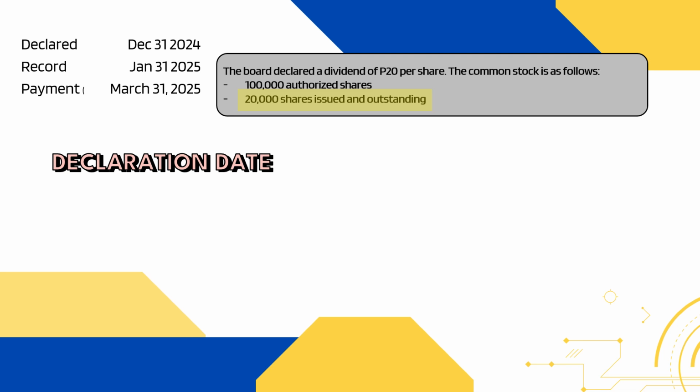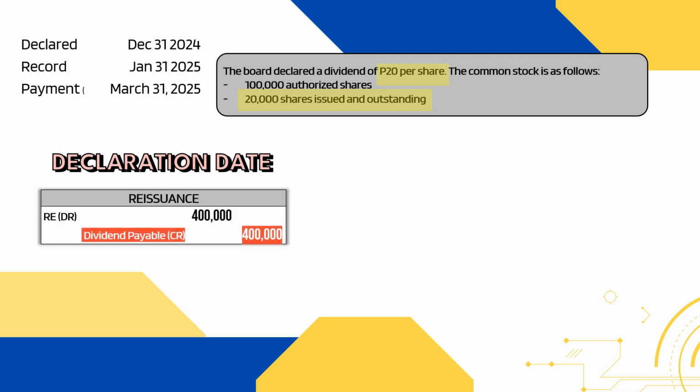Major concept number 1 sa dividends: only stocks that are issued and outstanding will be able to receive the dividends on the declaration date. So, 20,000 times 20 peso per share dividends, you will recognize a subtraction from your retained earnings of 400,000 and dividend payable of 400,000. So, sa declaration date pa lang, nabawasan nyo na yung retained earnings.